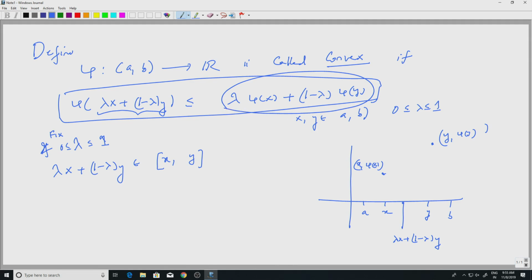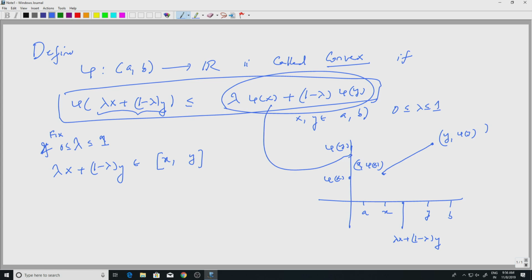Phi x and phi y are 2 points, and lambda and 1 minus lambda will make a point in between. If I join this line, lambda phi x plus 1 minus lambda phi y will be somewhere here, because this is phi of x and this is phi of y, and this point will be somewhere here.